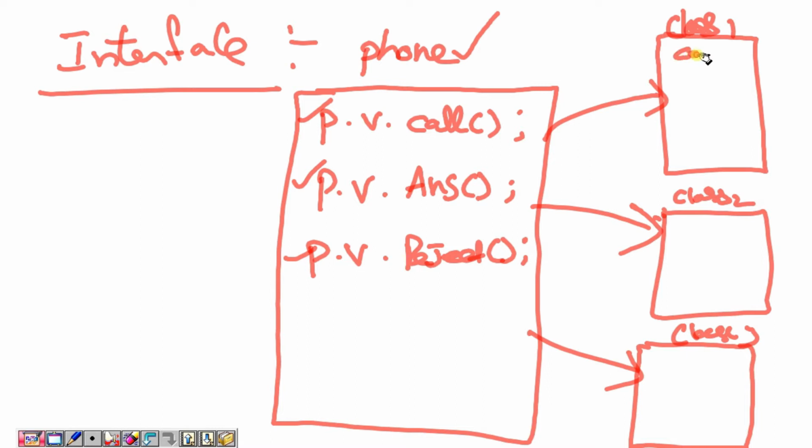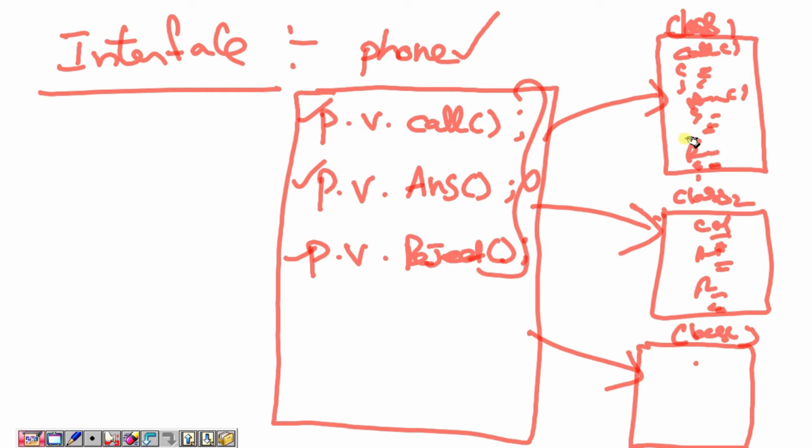That means for call, answer and reject, I can write the logic here, and in the same manner in the other classes. But here I am giving one statement: forcefully we can implement all the interface methods into the classes.